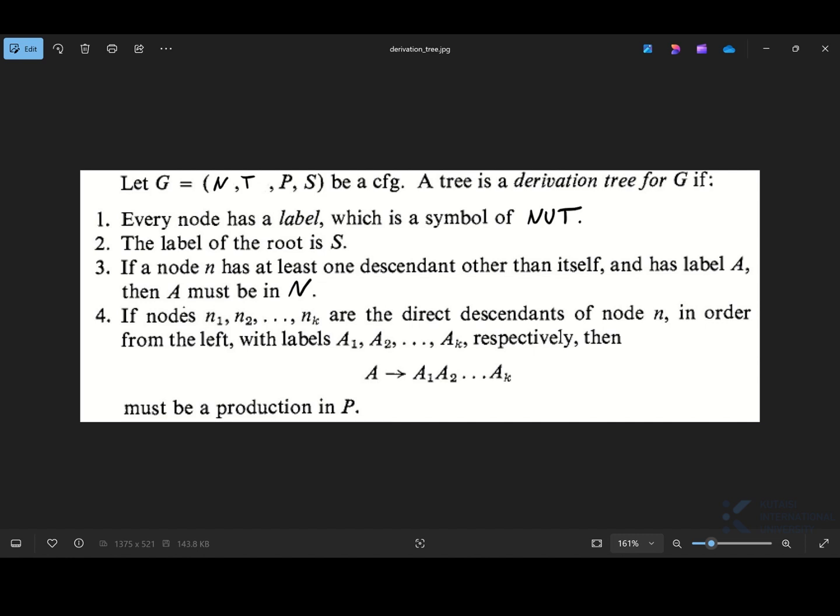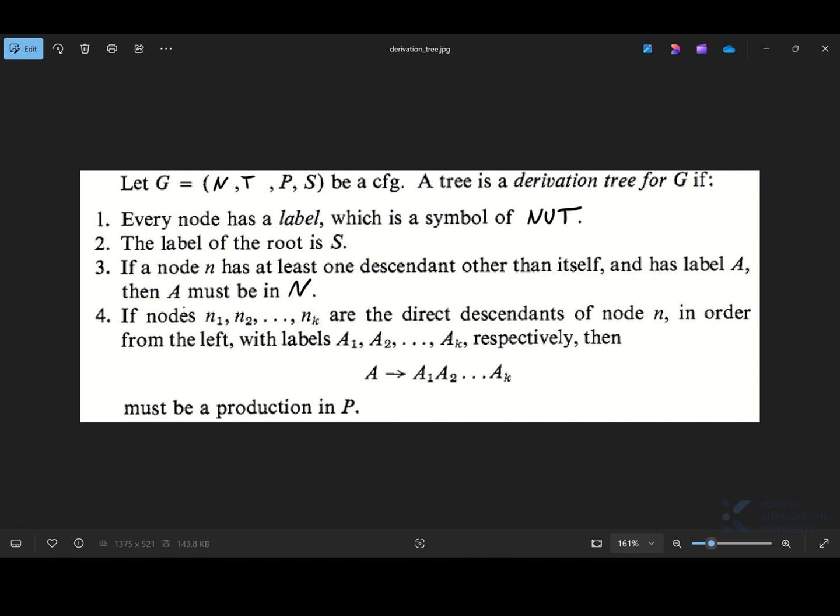Third, if a node in my tree has at least one descendant other than itself, and let's say it has label A, then A must be a non-terminal. This means that terminals do not have descendants. You cannot derive anything from a terminal. Only non-terminals have descendants.